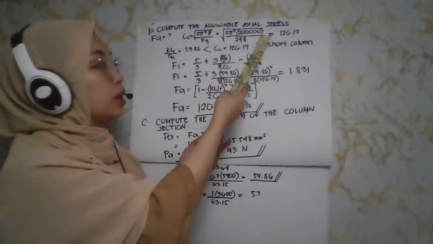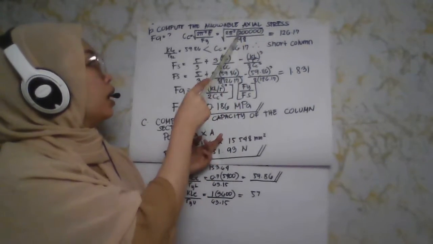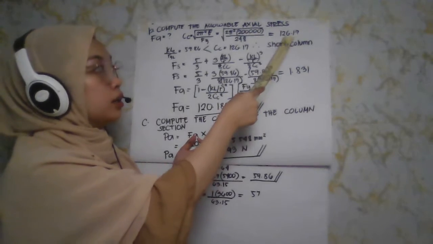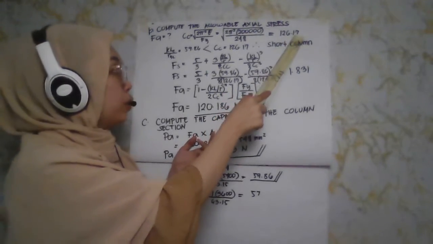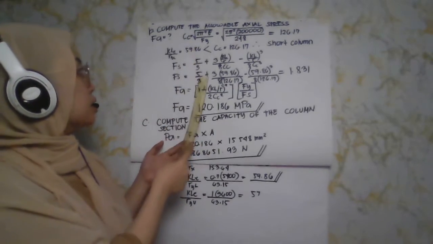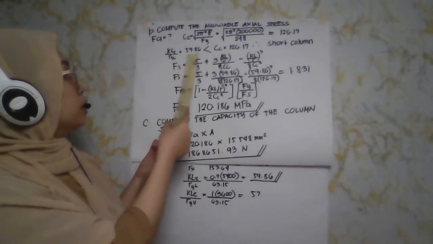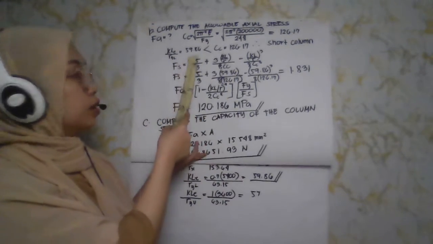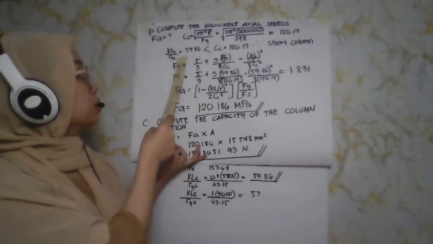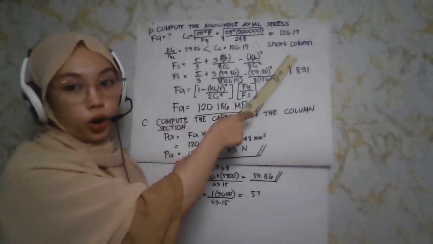So, substitute lang natin ang mga given, E natin, and given din ang Fy. So, makukuha natin ang 126.17. So, meron na tayong Cc or compression index. Since nakuha na natin ang compression index, compare na natin siya sa slenderness ratio. Yung slenderness ratio natin ay less than. It means, short ang column natin.